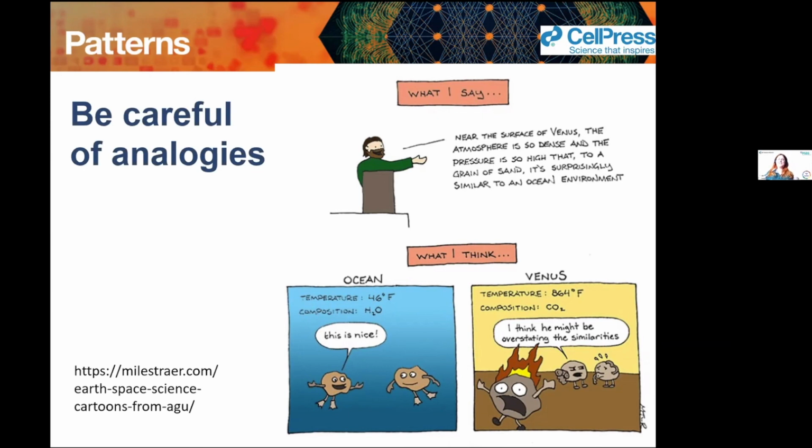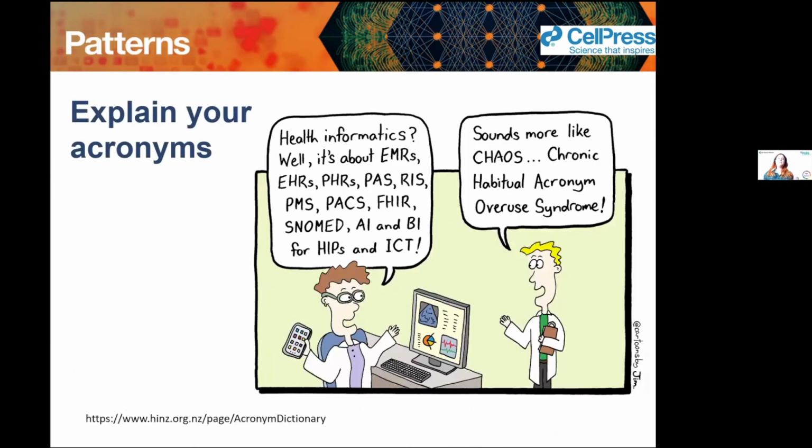So analogies can be really handy and really useful, but just be careful of them. The other thing to be careful about is your acronyms as well. Explain your acronyms, explain your jargon. Even people who are in the field and who use acronyms on a regular basis, sometimes it's really easy to get lost in all the three-letter acronyms, the TLAs that get thrown around the place.